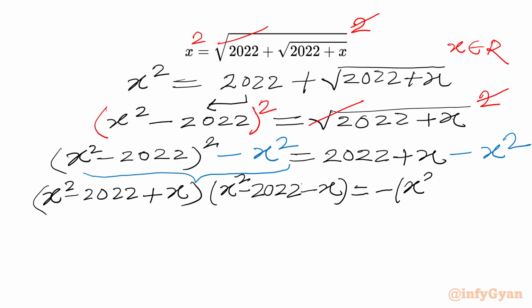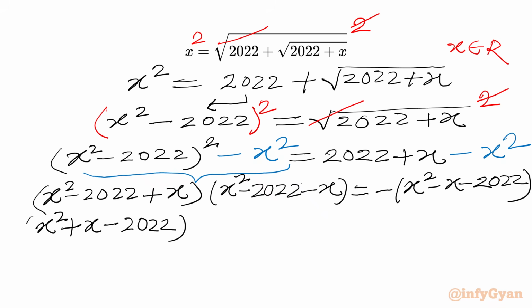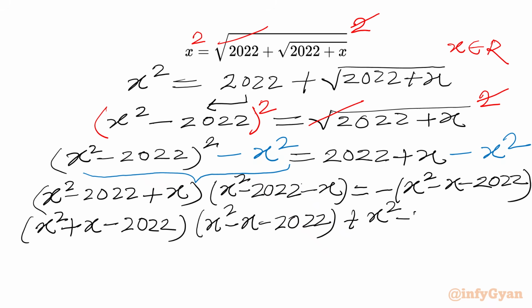So there would be x square minus x minus 2022 in the bracket. Now we will take all the terms to LHS and get the equation x square plus x minus 2022 times x square minus x minus 2022 plus x square minus x minus 2022 equal to 0.